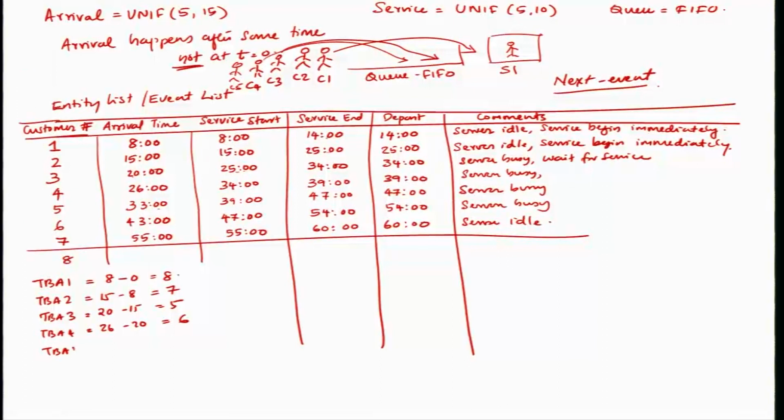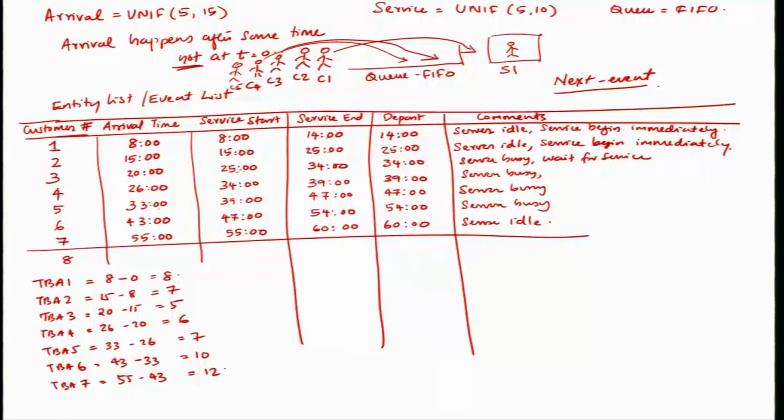TBA 5 will be 33 minus 26, so that is 7. TBA 6 will be 43 minus 33, which will be 10. TBA 7 will be 55 minus 43, so that will be 12.